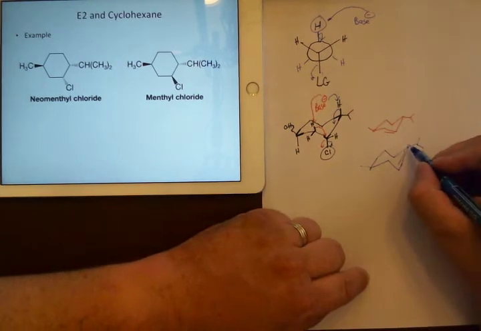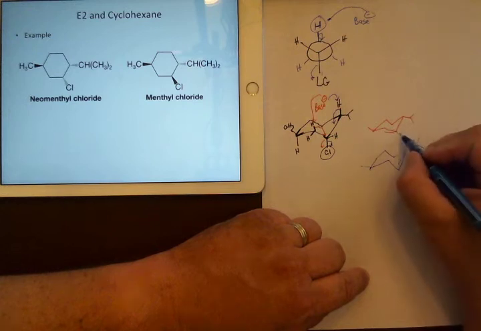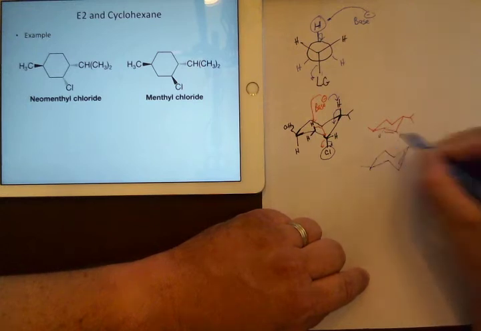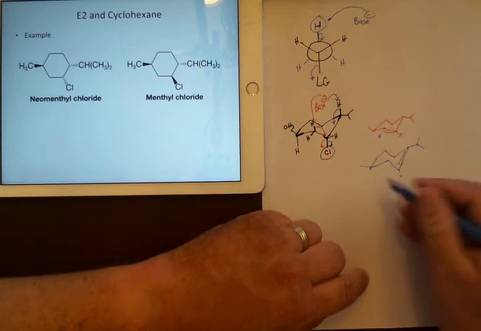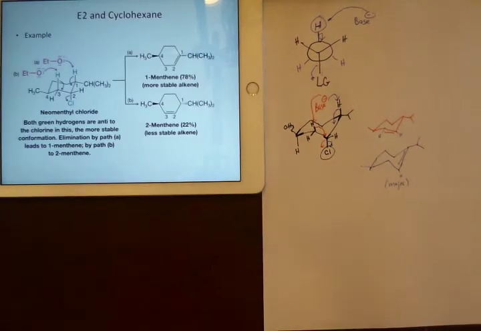This one has a hydrogen, that has a hydrogen. This one only has one hydrogen, so this would be the major product.